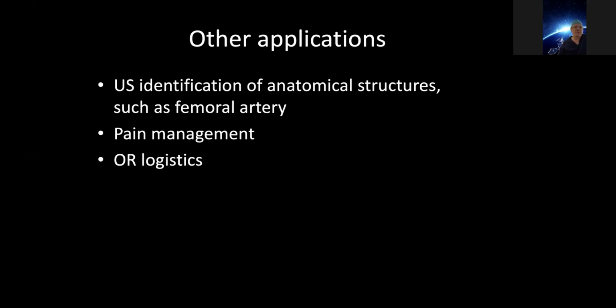Pain management is one application for machine learning, and very simple things, again very popular in the States, not so much here in Canada: simple OR logistics. Can I create a machine learning tool to tell me how to optimize the flow, for example, of surgeries throughout the day? So there are huge applications for this in anesthesia and OR management.